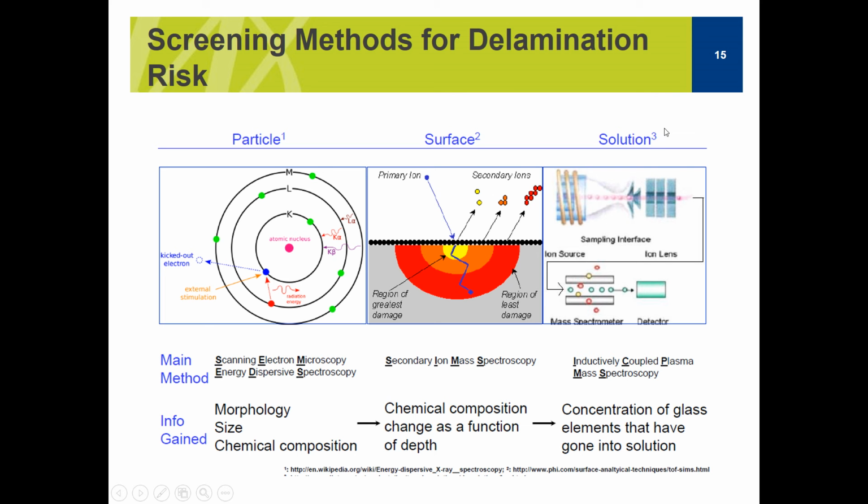And the third testing mechanism is we can take a look at the solution and see the different elements that have leached into solution. So we can take a look at the amount of silicon in the solution, the amount of aluminum, the amount of boron, and the amount of sodium, and that will give us an idea of if the glass is going to delaminate or not, and also if the glass has delaminated already.